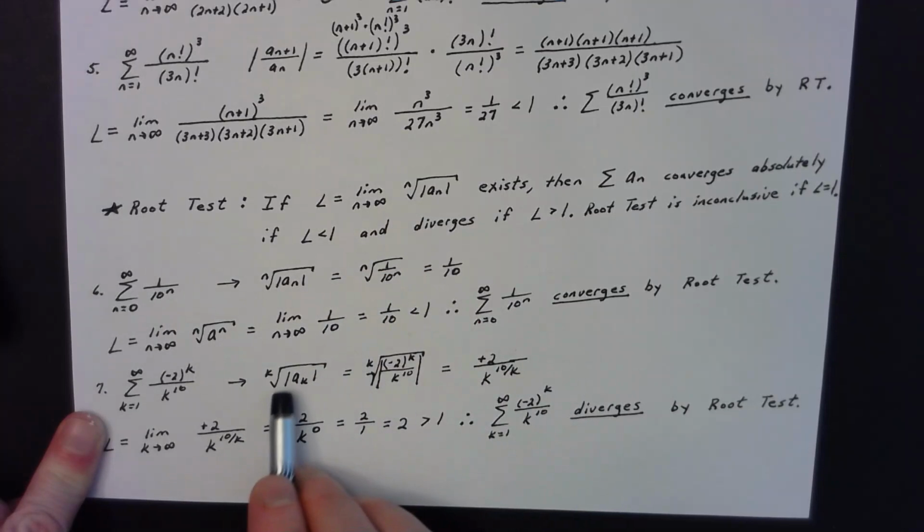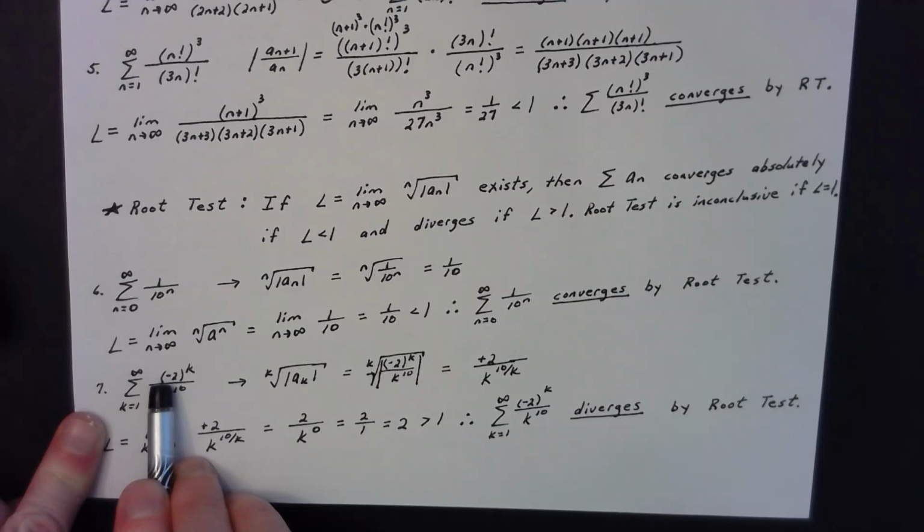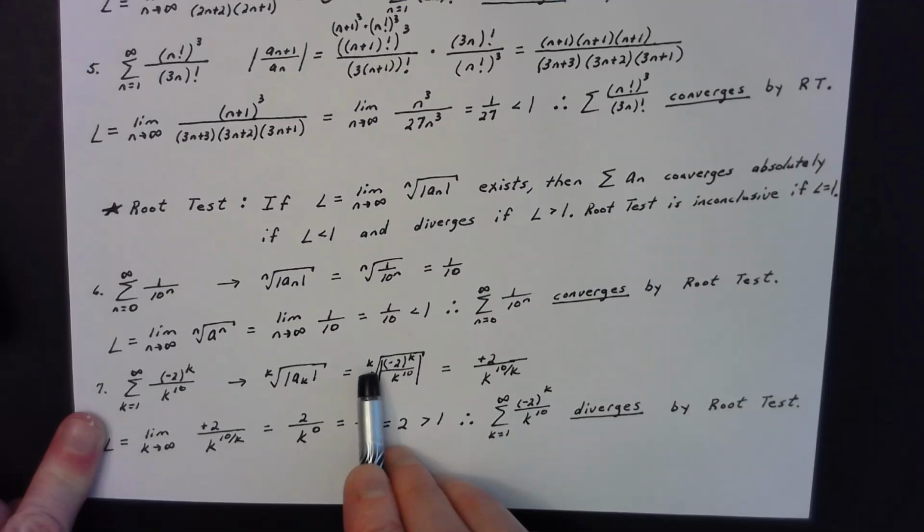It'll be the kth root of the absolute value of the general term a sub k. Well, that absolute value is just going to allow me to ignore the negative alternating sign on that negative 2. So I have the absolute value of negative 2 to the k over k to the 10th inside the kth root.